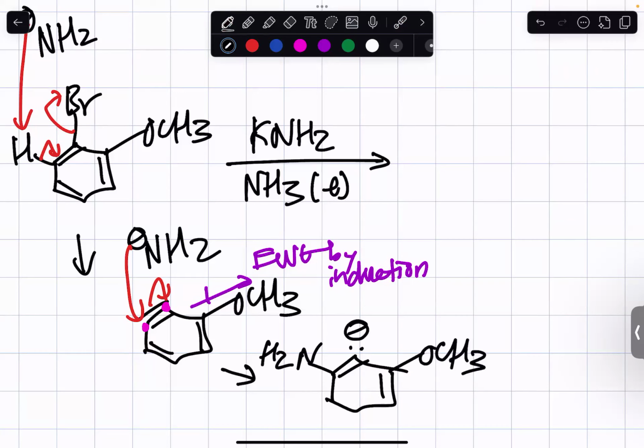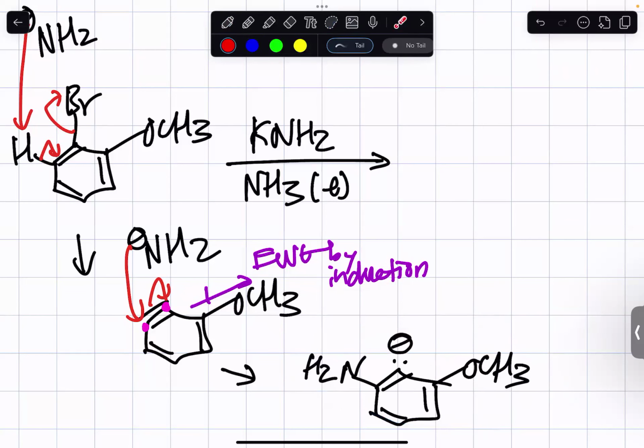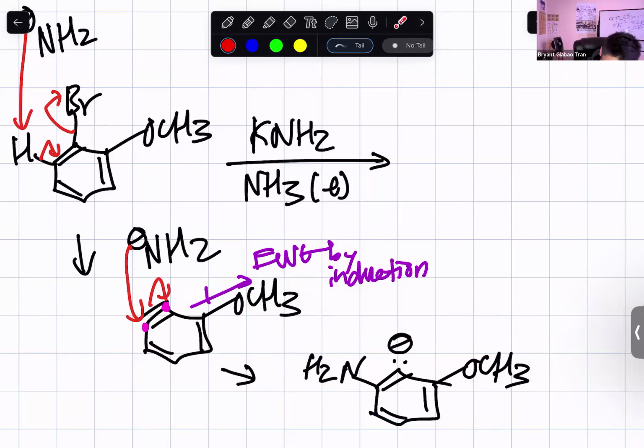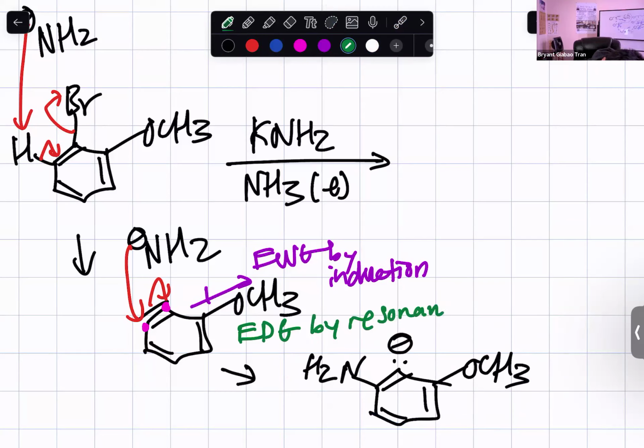Sorry, why is the ether an EWG? Okay. Yes, it is an EWG by induction, but it's an EDG by resonance, because it has pairs of electrons it can donate into the ring. But this oxygen is an EWG by induction because oxygen is more electronegative than carbon.